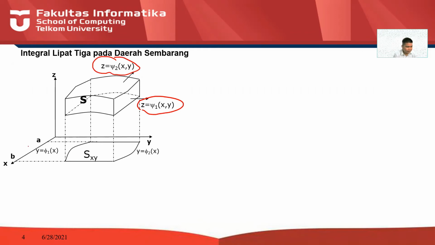And then the x itself is fixed from A to B, but the y itself is defined from phi 1 until phi 2. Remember, the boundary for the x is fixed from A to B, but the boundary for the y is different, from phi 1 until phi 2, and the boundary for the z is from psi 1 until psi 2.